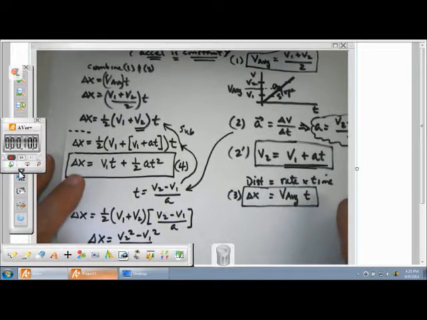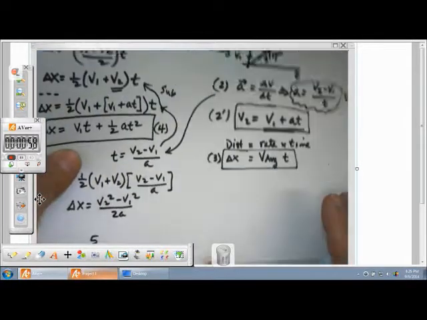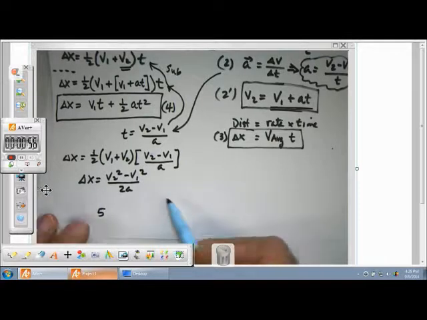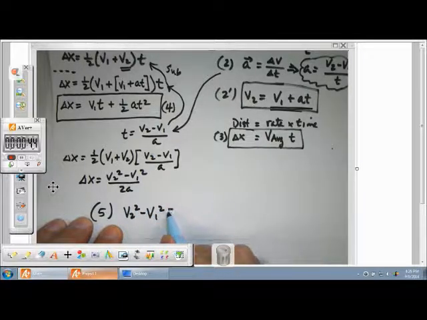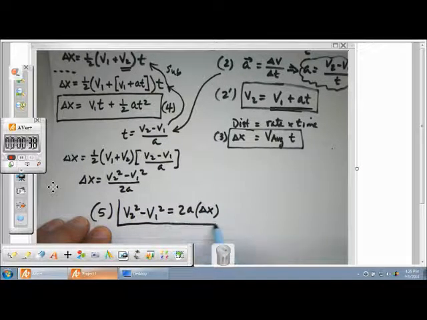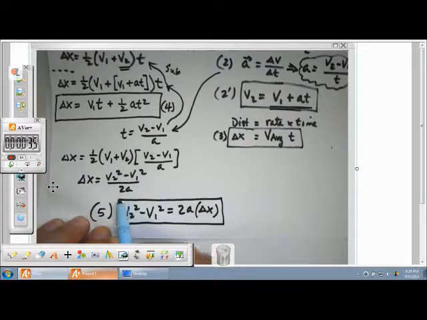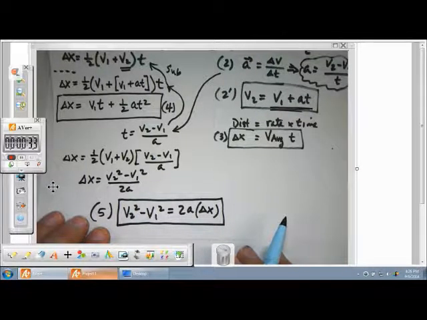So we get delta x equals this, and then our final equation, if I rearrange it in the familiar form that you'd find in textbooks, is v2 squared minus v1 squared equals 2 times acceleration times delta x. There is the fifth and final kinematics equation.